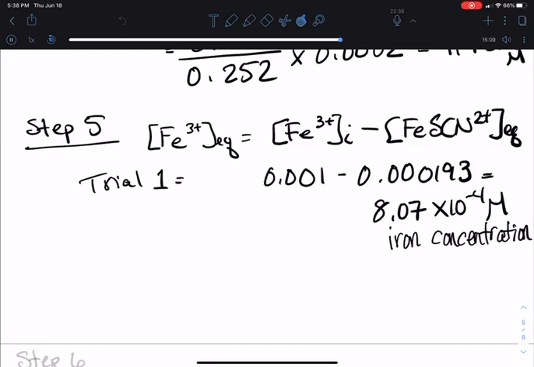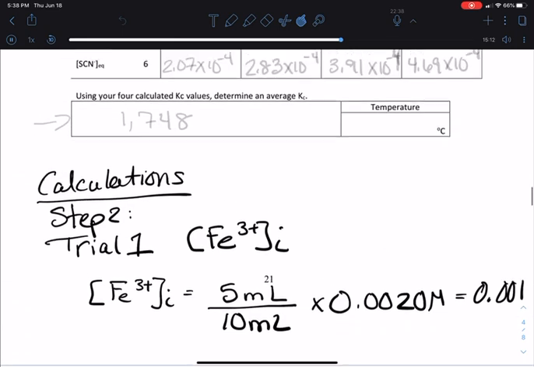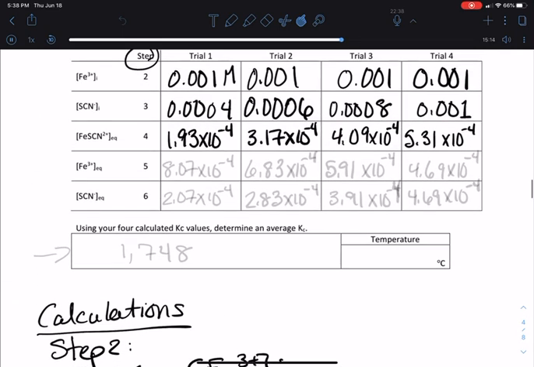So I'm just going to add that to the chart. And I've also done the rest of the calculations. So I'm going to add those to the chart also. Again, double check my numbers.